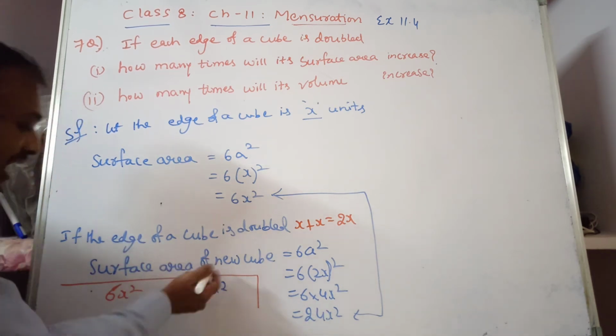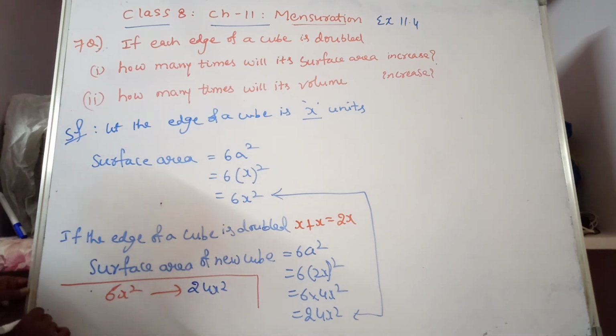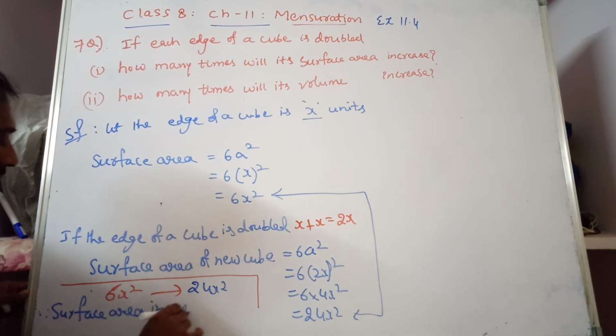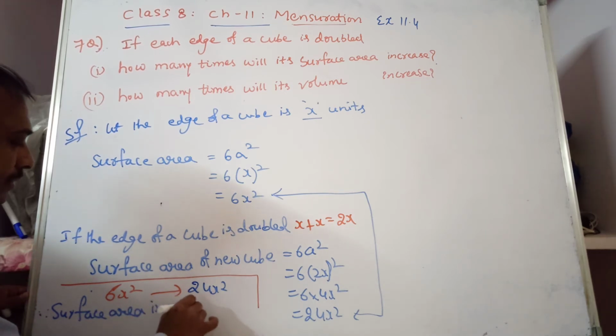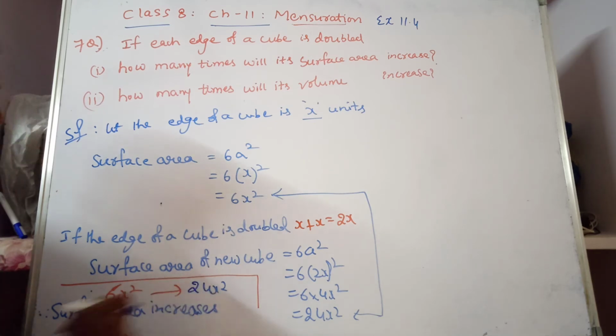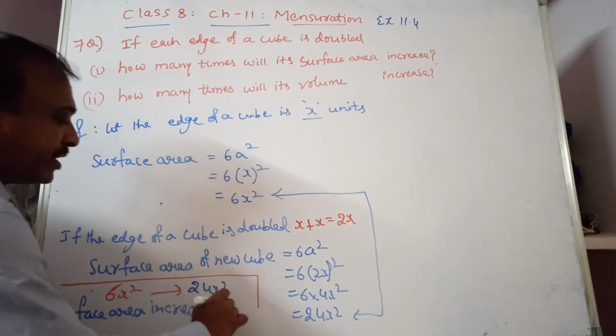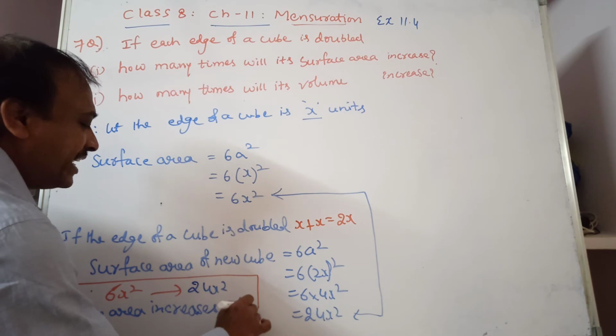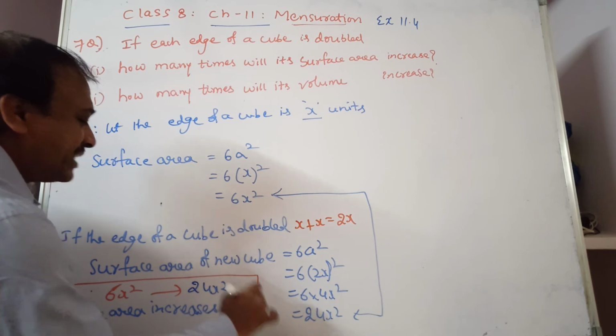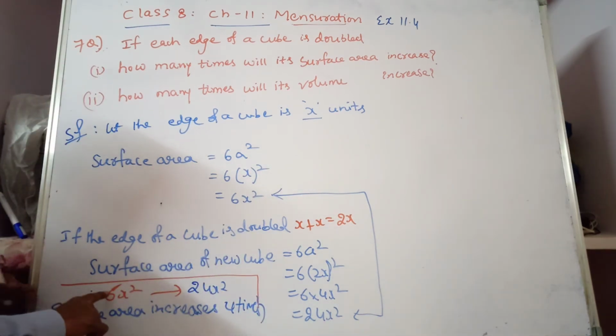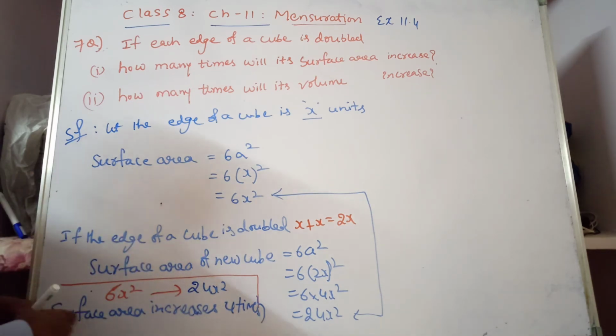Therefore the surface area increases 4 times. See this? First it was 6x square, now it is 24x square, so 4 times it is increasing.